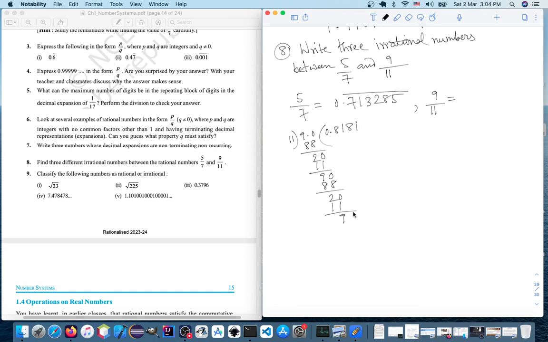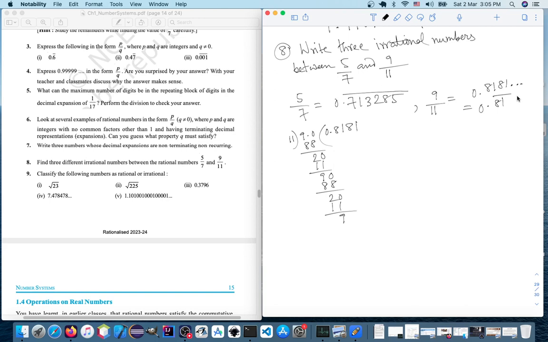Okay, so 9 by 11 will be 0.8181 like this, 0.81 repeating. So we have 5 by 7 as 0.713285 repeating and 9 by 11 as 0.81 repeating.